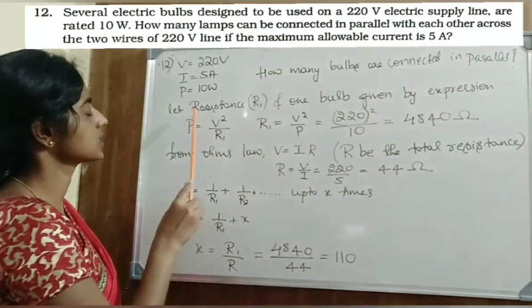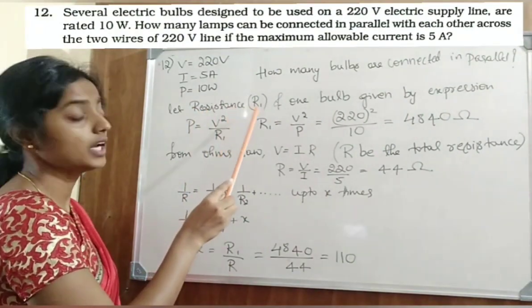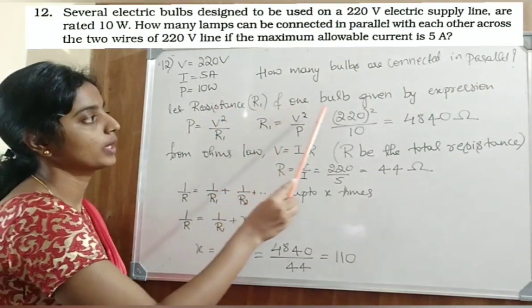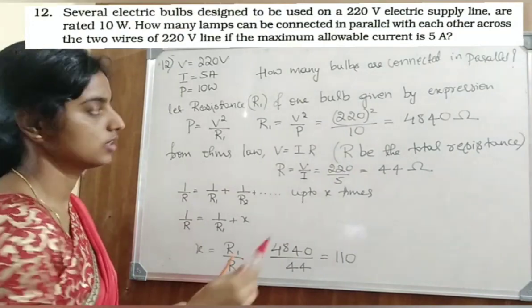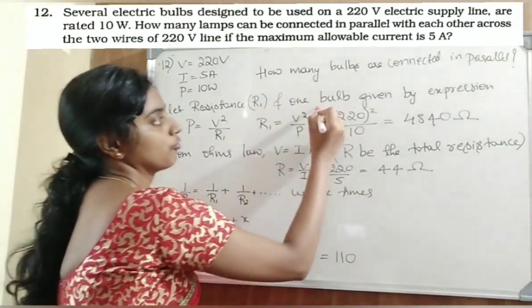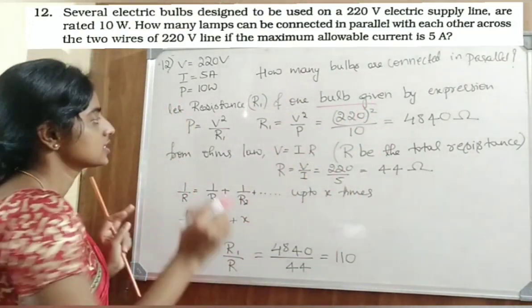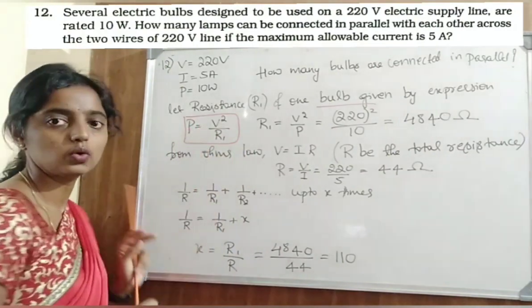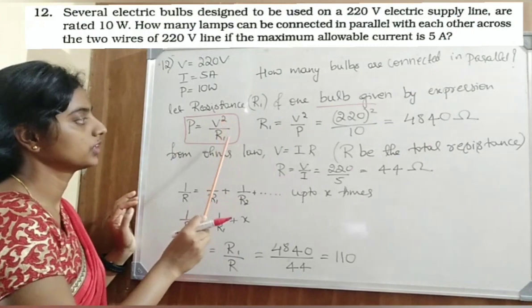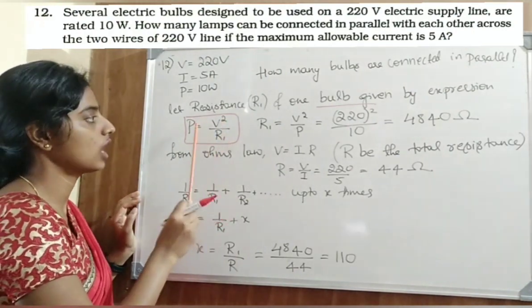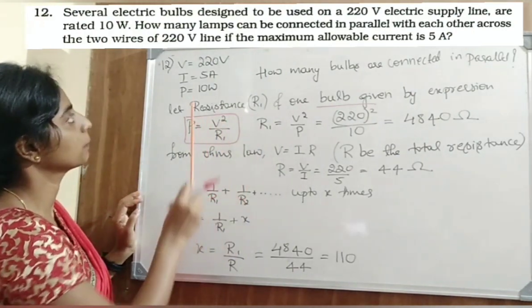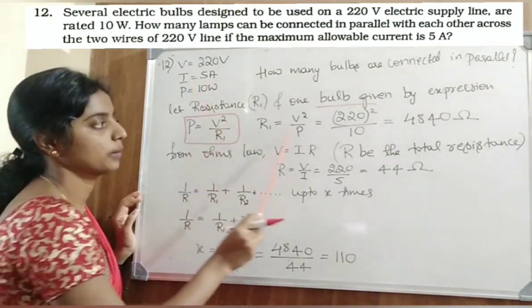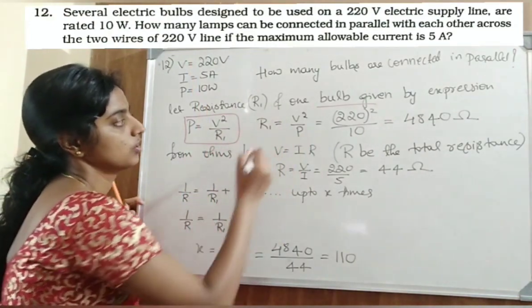So for that, let us take the resistance, let it be R1, of one bulb given by the expression. Resistance R1 of one bulb. Let us take the power equation, that is P is equal to V square divided by R1. Now take out R1 outside since we have V and P. Substitute them in this equation.